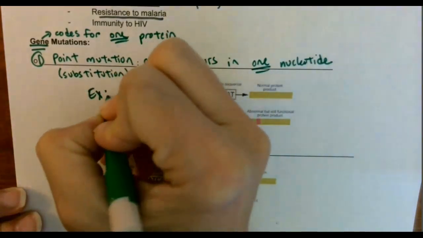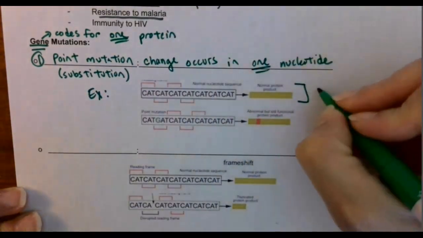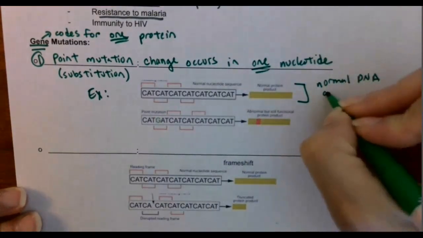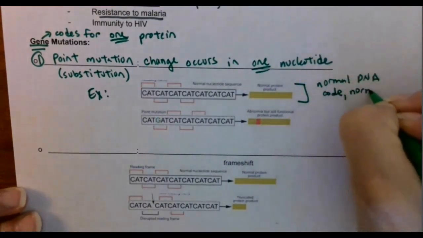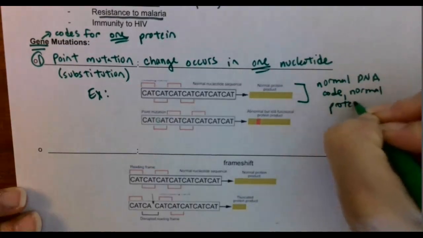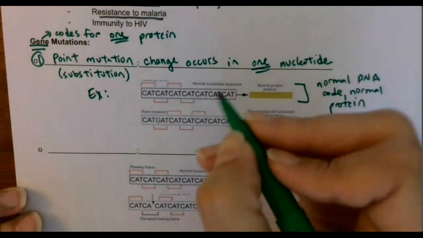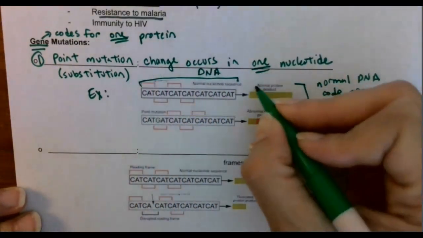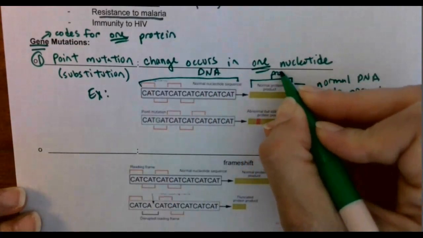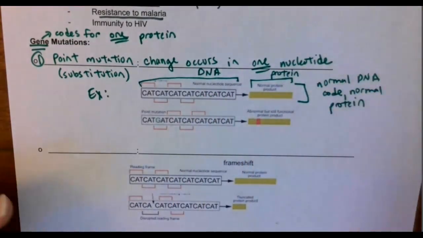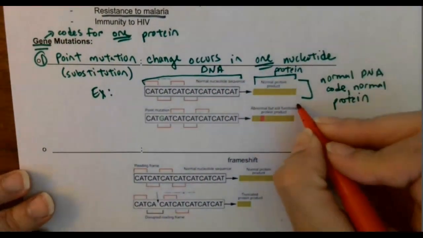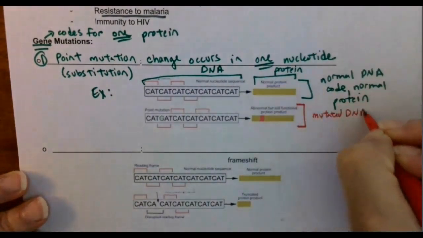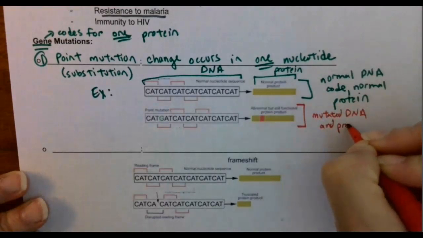For example, right here is the normal DNA code and the normal protein. This is the DNA, and this is the normal protein. Down here is the mutated DNA and protein.